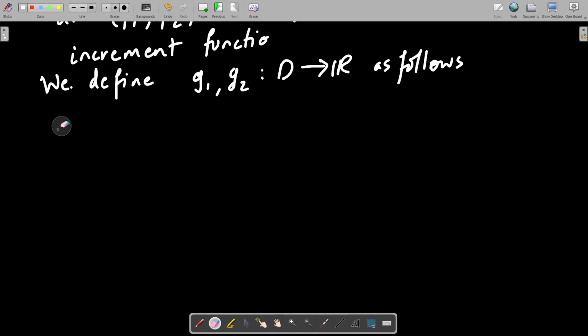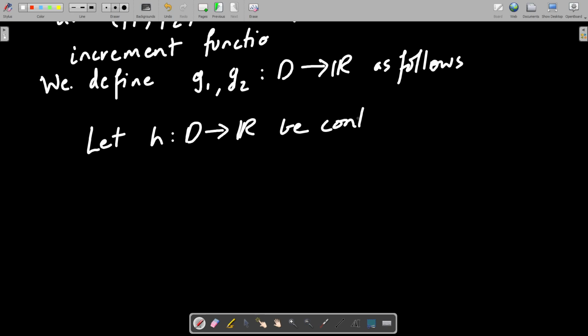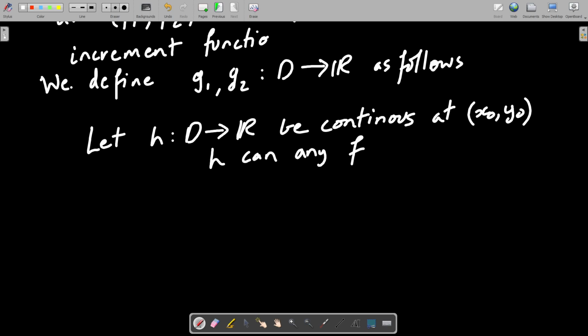We'll just need something extra here. Let h from D to R be continuous at (x naught, y naught). h can be any function, no restriction on that.